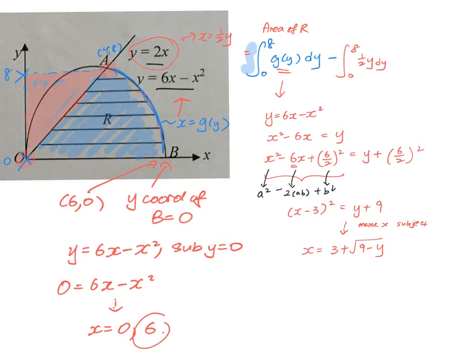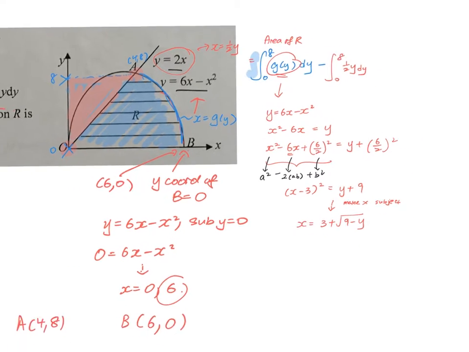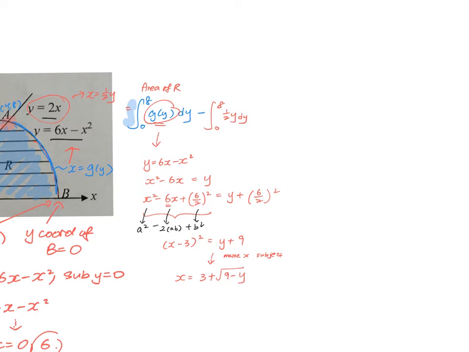From here, if I show that this is equal to g(y), then you can see the area of R is nothing but the integral from 8 to 0 of 3 plus the square root of 9 minus y dy, minus the integral of half y dy, and therefore shown.